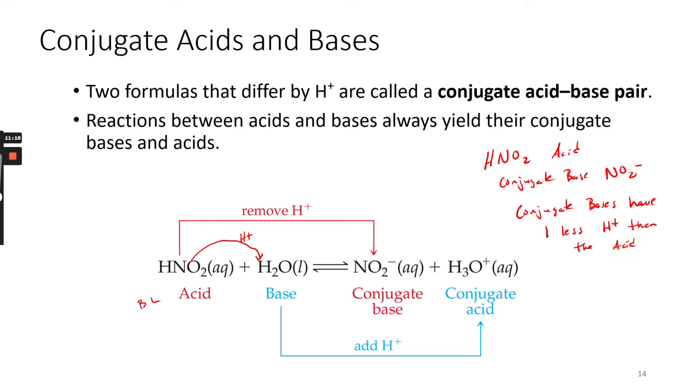So now this is my base, right? And if I want the conjugate acid, now H2O is my Bronsted-Lowry base, and the substance that pairs up with it is H3O plus, and this is my conjugate acid. So my conjugate acid has one more H plus than the base that it's paired up with.